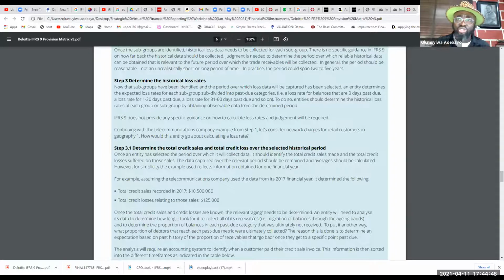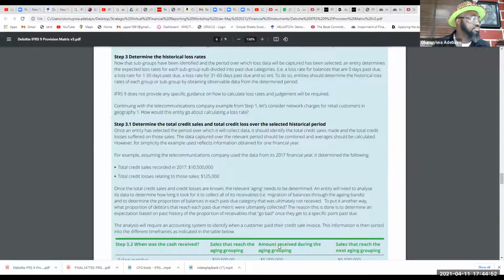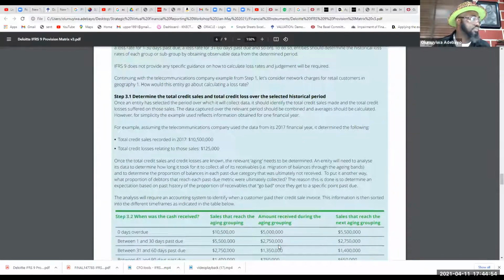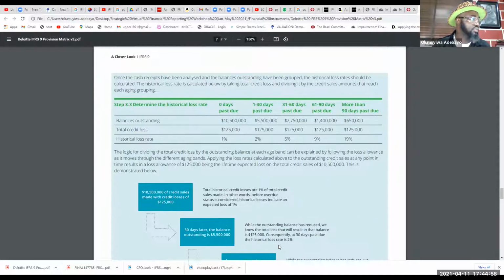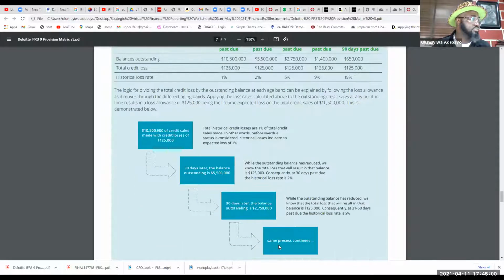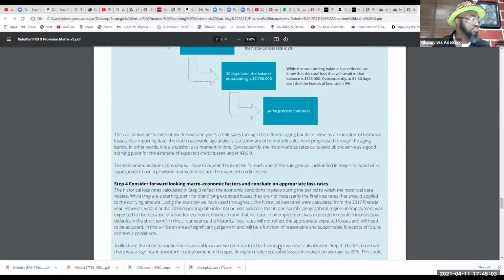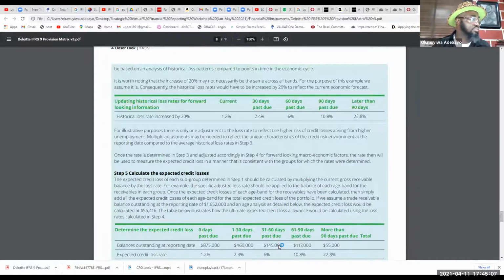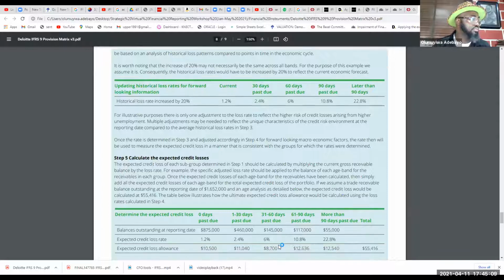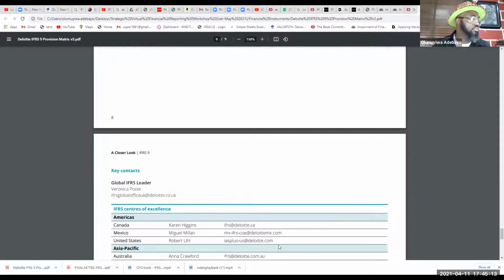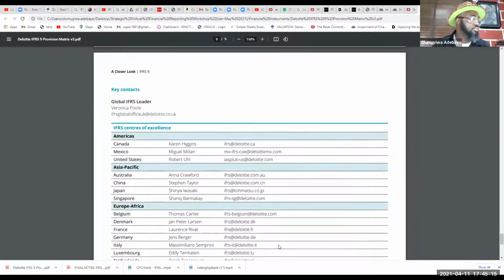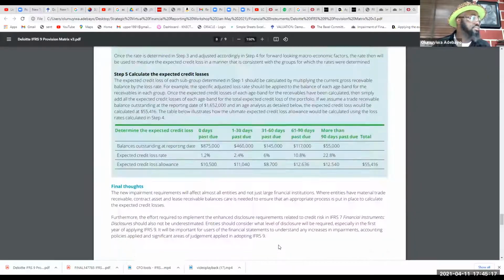Homogeneous factor is what you use with respect to grouping. That is that.